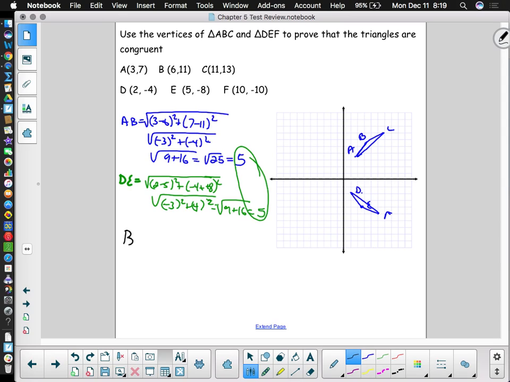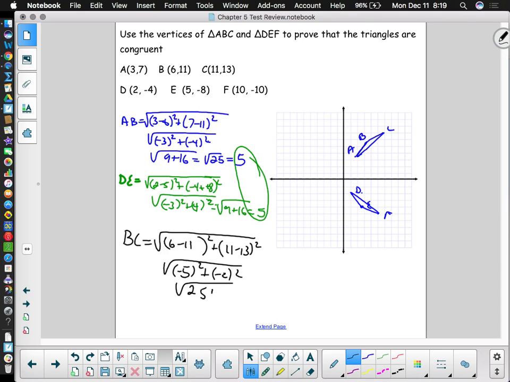I want to show BC. BC would be the square root of 6 minus 11 squared plus 11 minus 13 squared, which is negative 5 squared plus negative 2 squared, which is 25 plus 4, or the square root of 29.